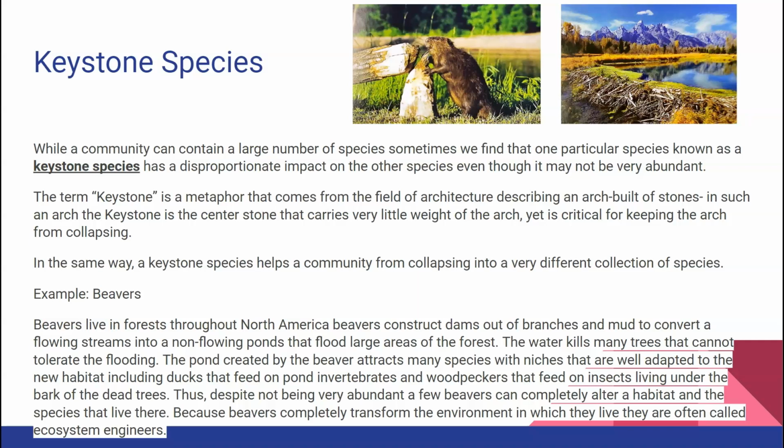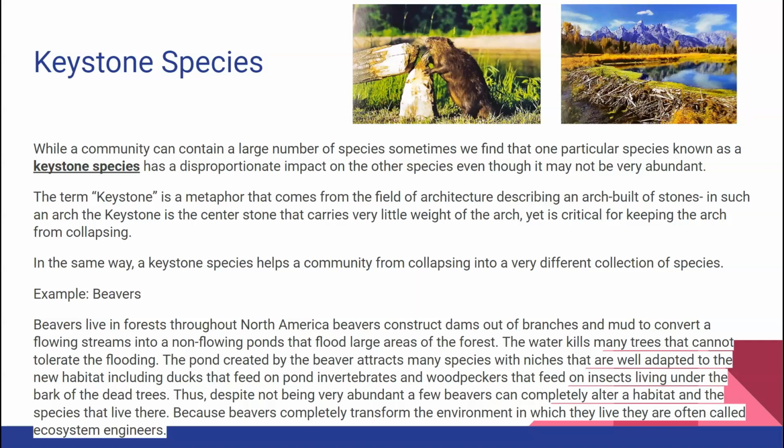The pond created by the beaver attracts many species with niches that are well adapted to the new habitat, including ducks that feed on pond invertebrates and woodpeckers that feed on insects living under the bark of the dead trees. Thus, despite not being very abundant in that community, a few beavers can completely alter a habitat and the species that can live in that habitat.